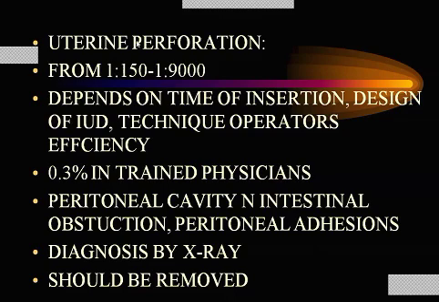The next complication is uterine perforation. It is seen in 1 in 50 to 1 in 9,000. It depends upon the time of insertion, the design of the IUD, and also the technique and efficiency of the operator. These are all the factors which cause uterine perforation.